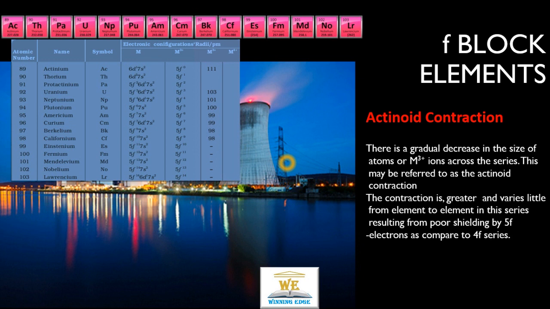For 3+, it consistently reduces, but not uniformly. For tetravalent, the reduction is still different.